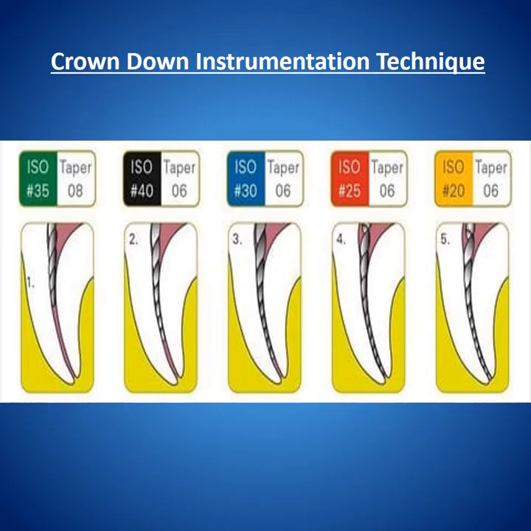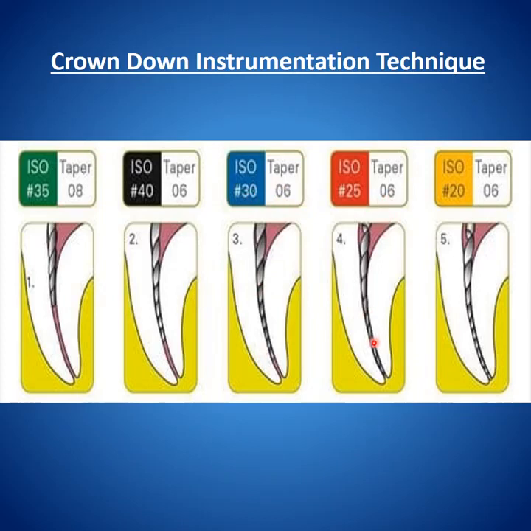The crown down technique here is much better because we start from the coronal area with a very wide and large instrument like this 3508. We go down to the middle region with taper 06. Then we go even further with 3006.